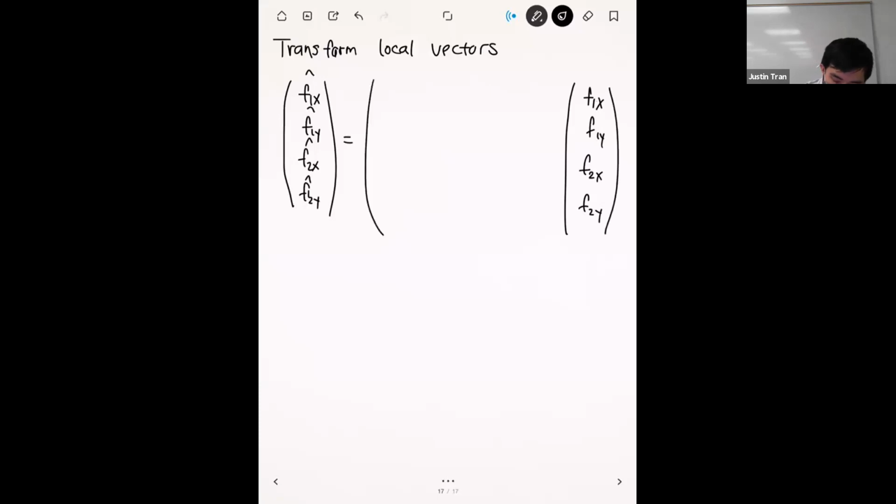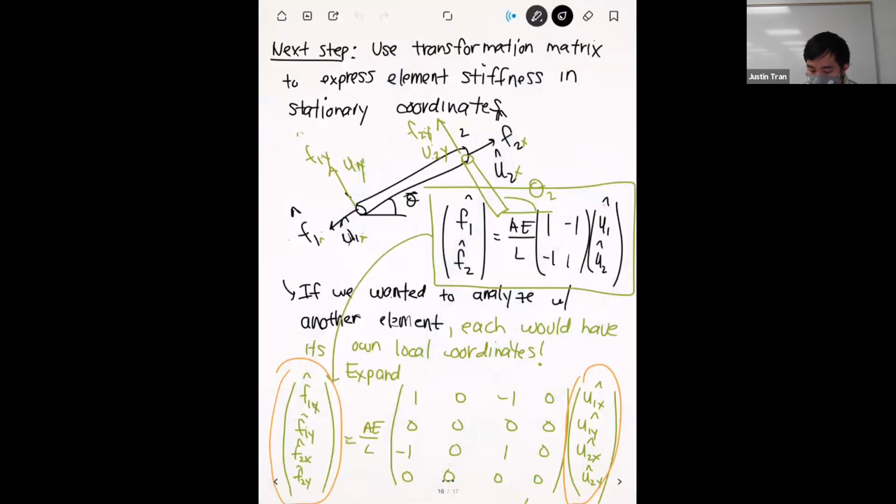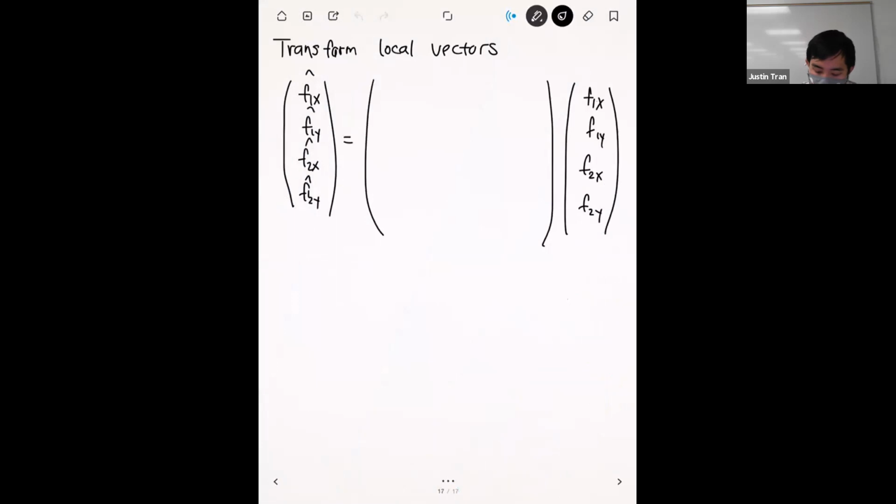To do that, we're going to apply our transformation matrix. But we have to expand it too, because our transformation matrix from back here we only did for a set of one node, and now we're doing a transformation of two nodes at the same time.